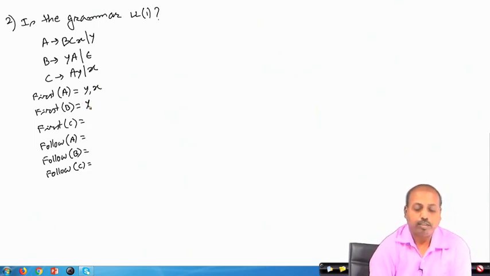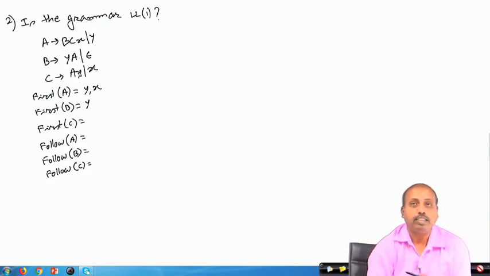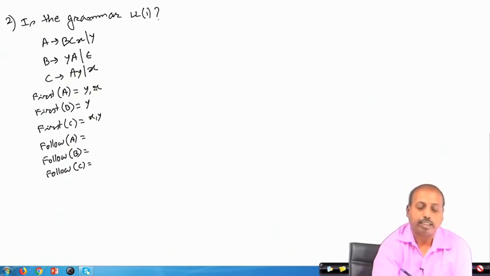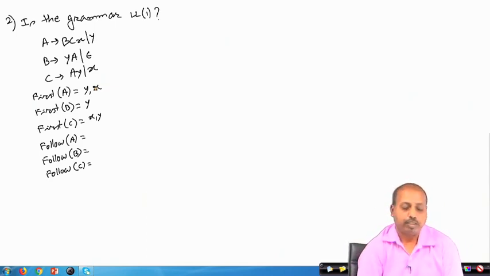Nothing else can come, so only y can come here. And the first of C: since it starts with A, whatever is in first of A is in first of C. So, I have got these symbols x and y, both of them, and x from the second rule is automatically coming to the first of C.